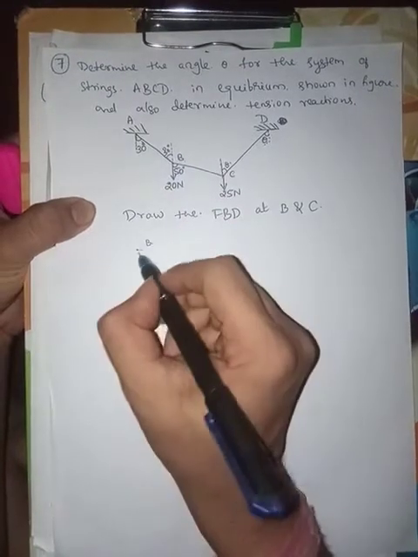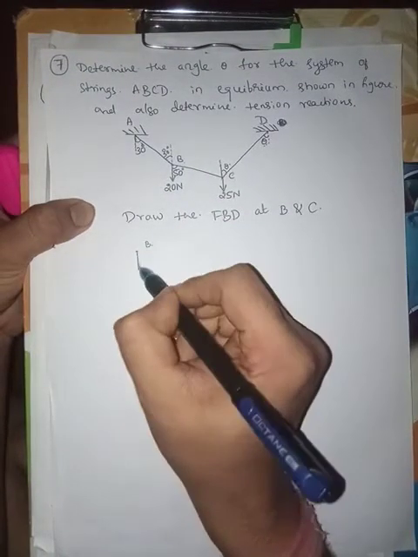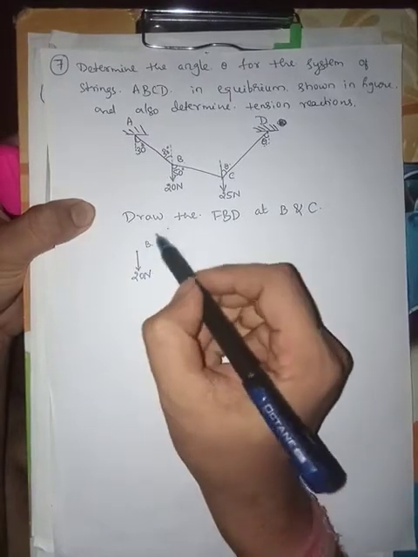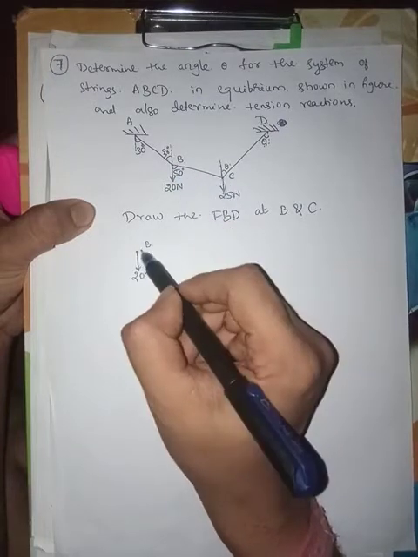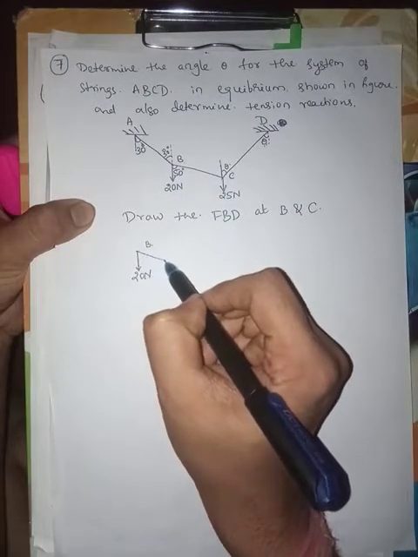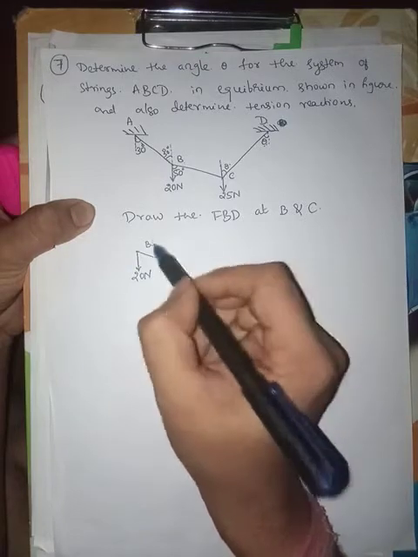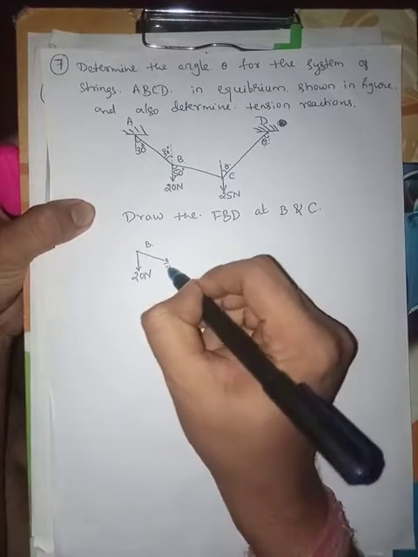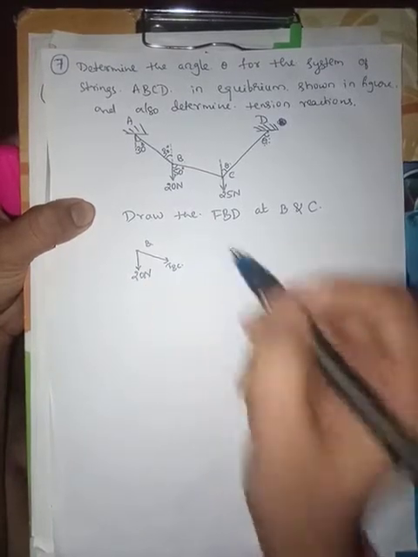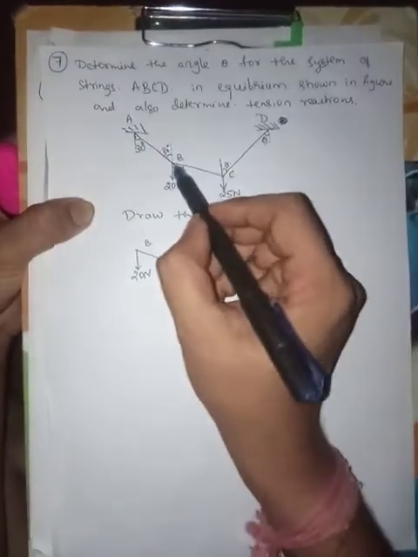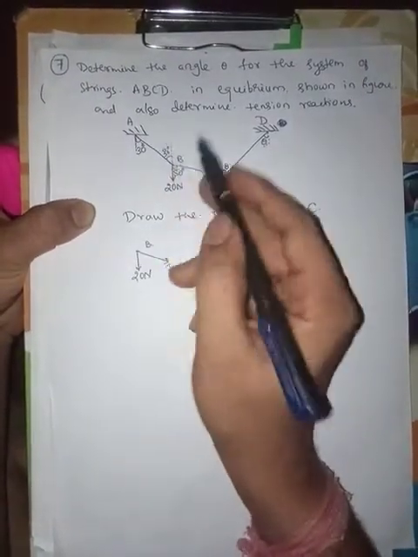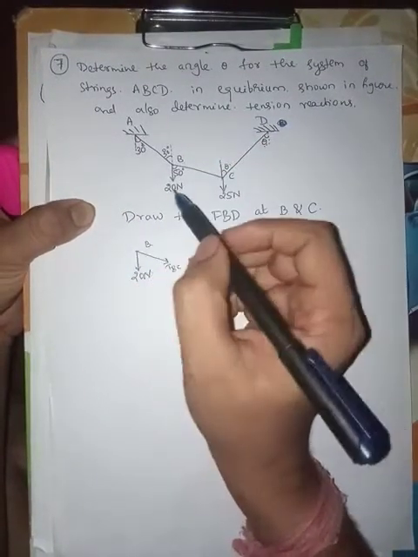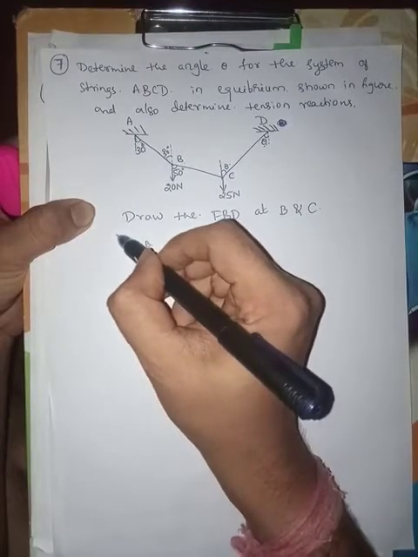One is the 20 Newton acting vertically downward, and the tension BC, this one is the tension TBC. And another one is the TBA, or you can call it TAB, a force from the string A to B. A tension pull is coming, so I'm drawing it here.